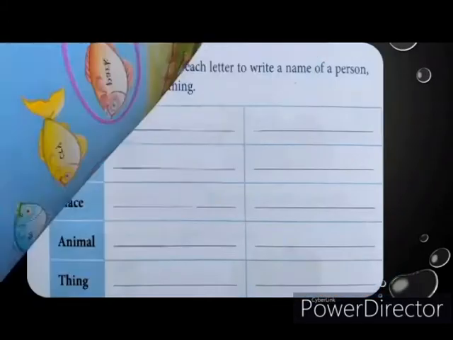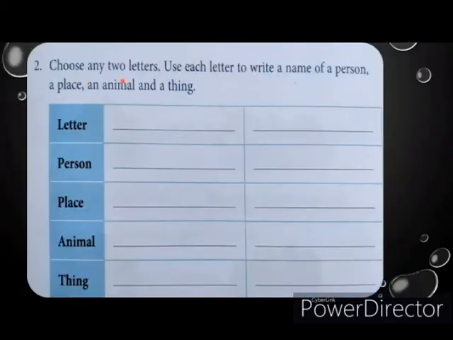Next, we are moving to our second exercise. That is, choose any two letters. Use each letter to write a name of a person, place, an animal, and a thing. That is, we should choose any two letters from our English alphabet and write a name of a person, a place, an animal, and a thing based on that letter.